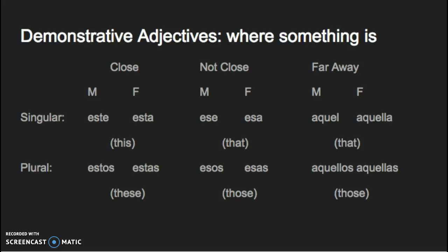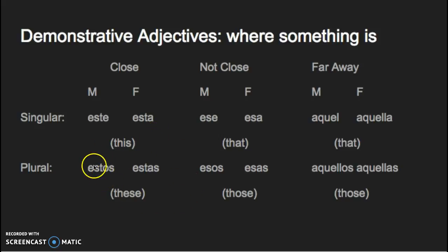Demonstrative adjectives state where something is. We have both singular and plural and masculine and feminine forms. For something that's close to you, it would be este or esta.